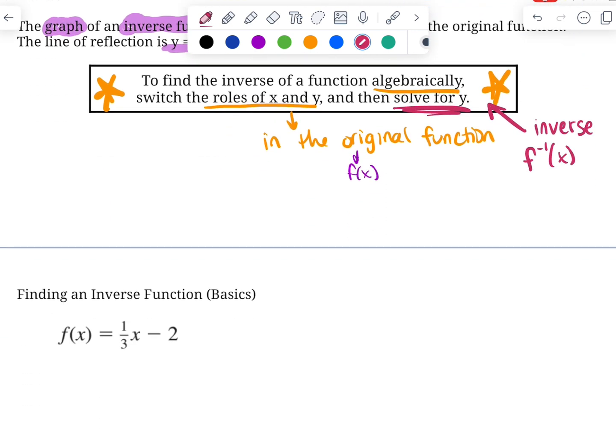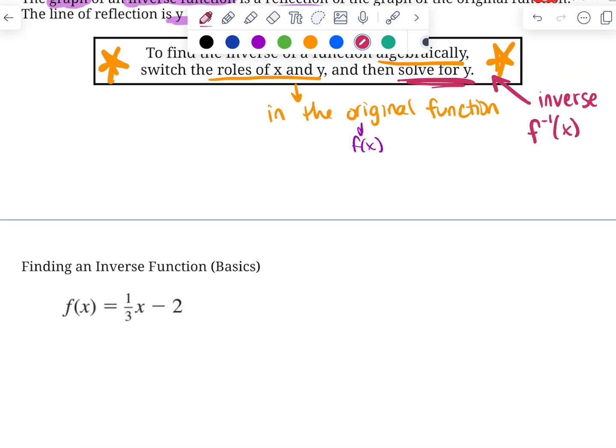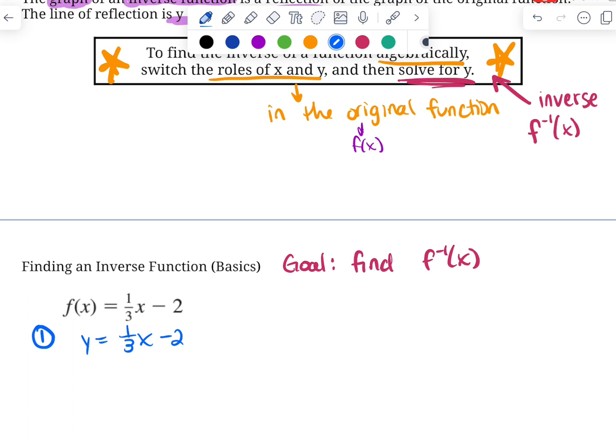All right, so let's try that right now. This is my function f of x. Our goal is to find f inverse of x. Step 1: I said switch the roles of x and y. Keep in mind that really this is y equals a third of x minus 2, because f of x is our output.